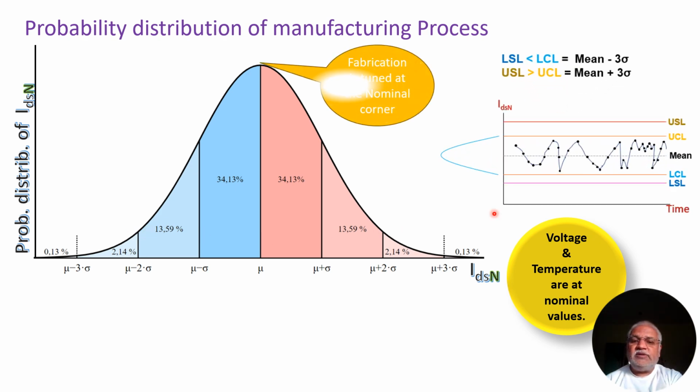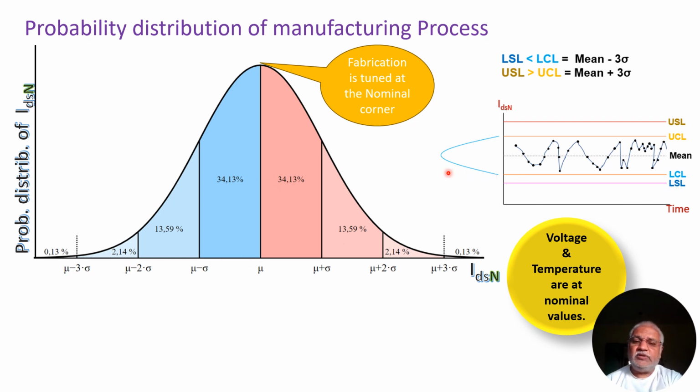In the fab, they also monitor these things, and this is the drain source current. Over a period of time they will monitor, and they want to ensure that this distribution will not cross the upper specification limit and lower specification limit.